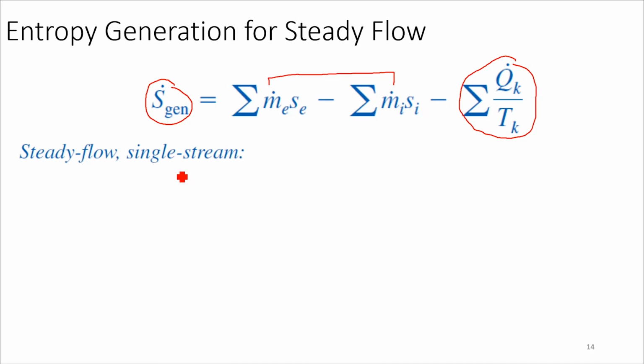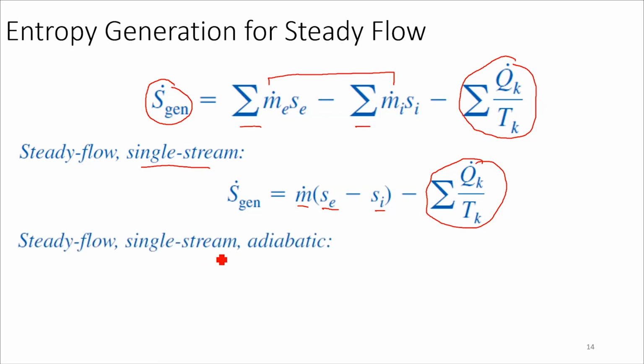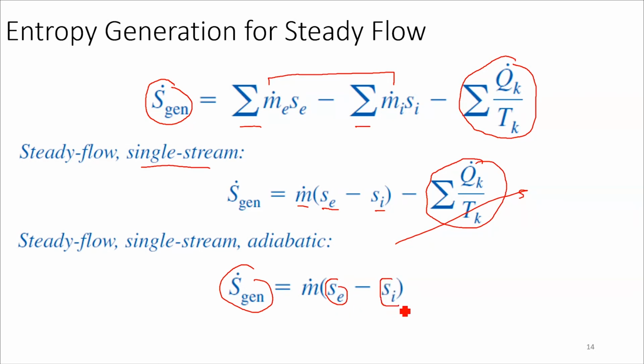When you have a steady flow single stream, this summation sign would cancel out. You will essentially have the same mass flow rate, one exit, one inlet, and the contribution of heat could be multiple. When you have a single stream adiabatic system, this heat term would essentially cancel out, and you'll have entropy generation entirely due to the mass which is exiting the system and the mass which is entering the system.